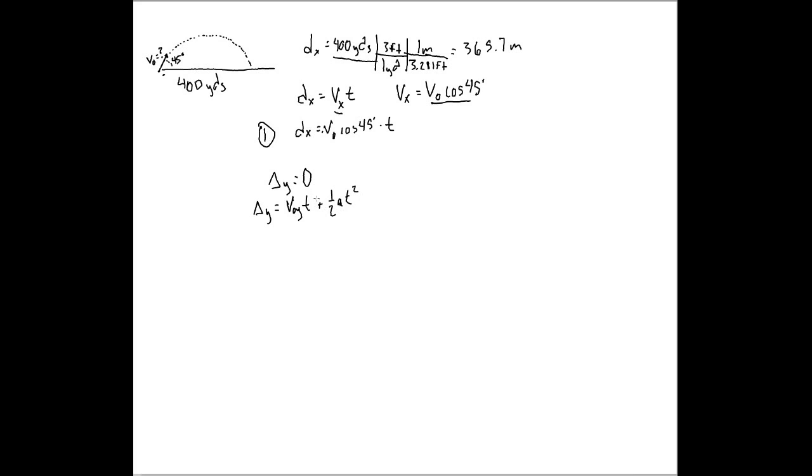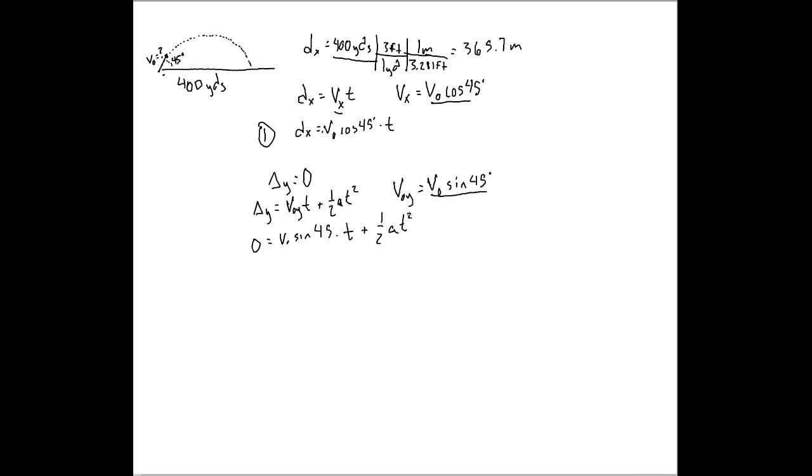Again, I don't know t, and I don't know V naught y, but I do know that V naught y is V naught sine of 45 degrees. So what if I replace V naught y with this, rewriting this as 0 equals V naught sine of 45, times time, plus 1/2 a t squared.